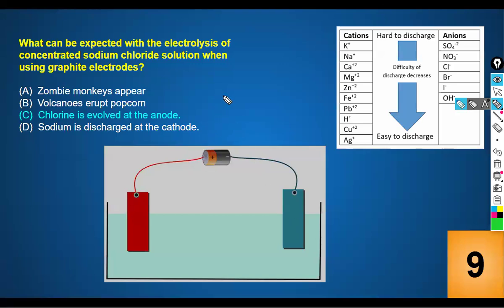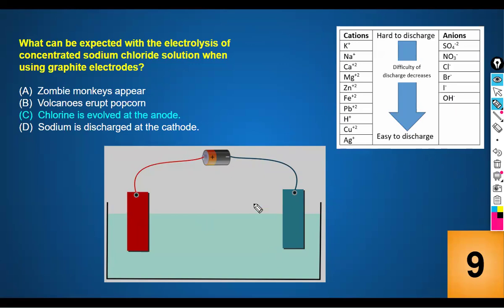So we're going to have concentrated sodium chloride. Now, when I say concentrated sodium chloride, that means there's going to be a lot of sodium chloride in comparison to what? Water, the H2O, because a lot of sodium chloride is going to be dissolved in the water.